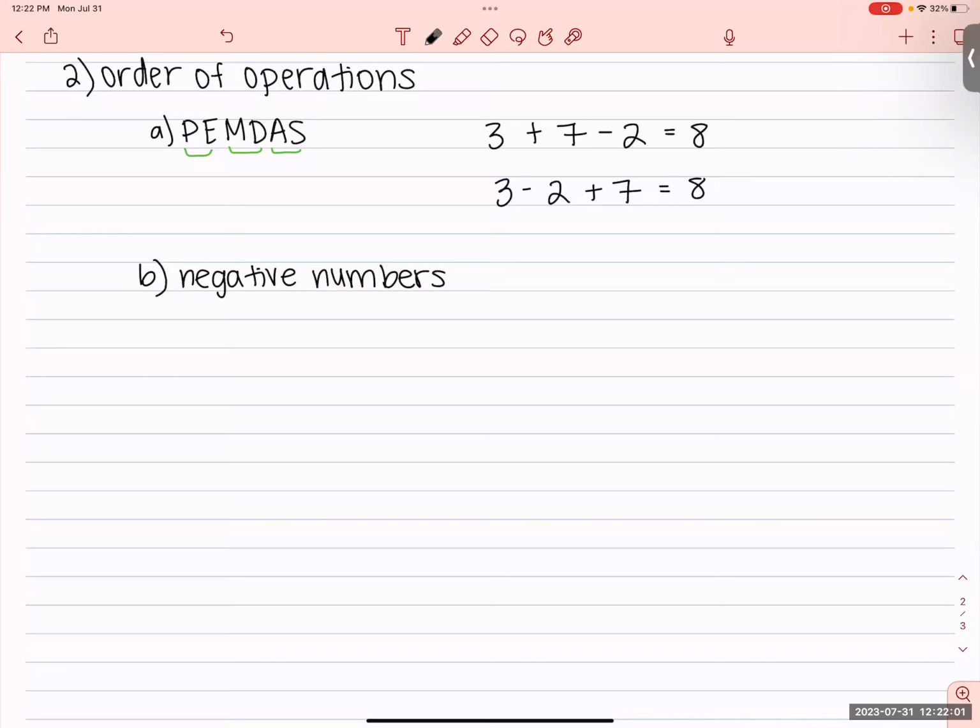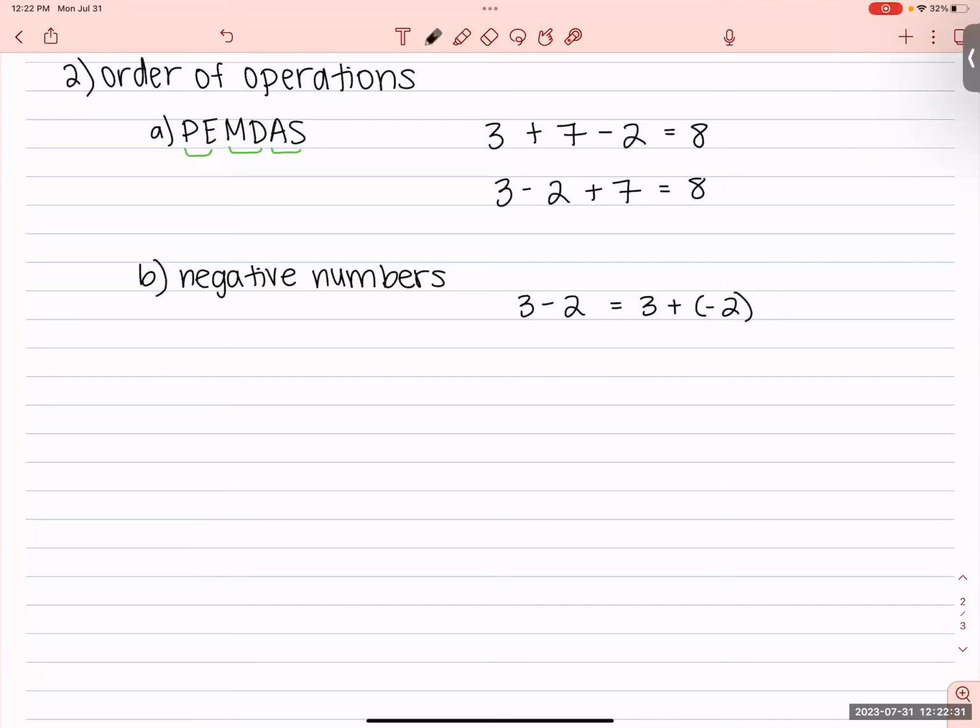So for example, 3 minus 2 is the same as 3 plus negative 2. Subtraction is just the addition of a negative. And so when you're doing algebra and you're plugging in a negative 2 for 3 plus something, it's really just 3 minus 2. Okay, a subtraction is just an addition of a negative.